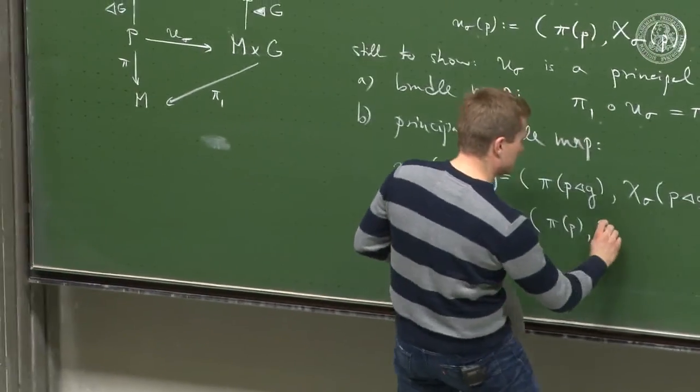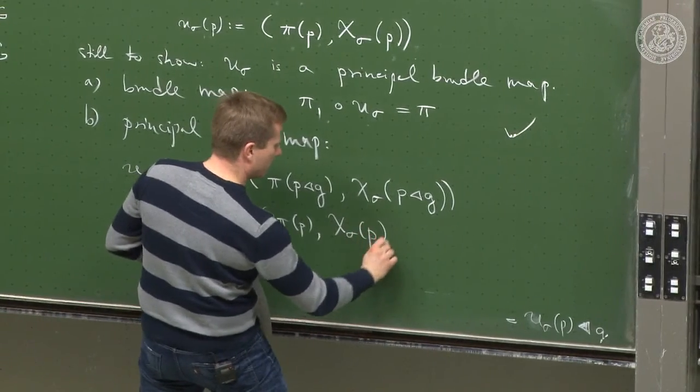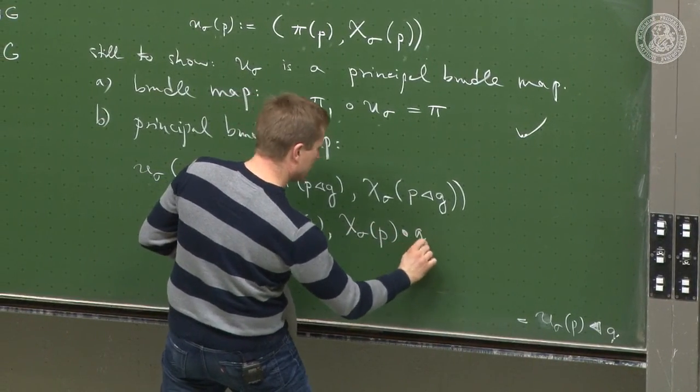That is exactly what happens here. So you have a chi sigma of P and it's blobbed with the G.